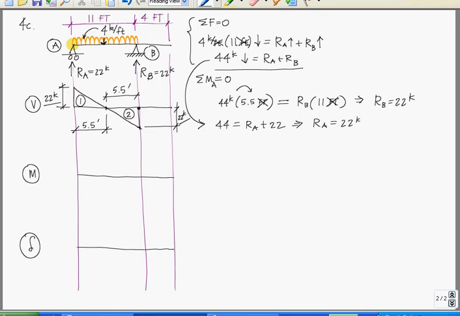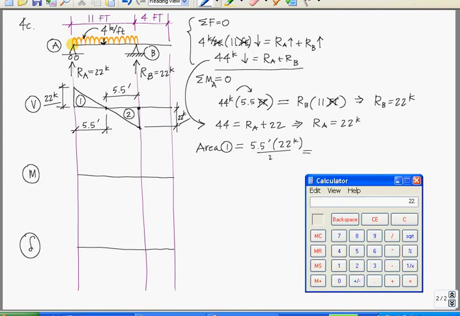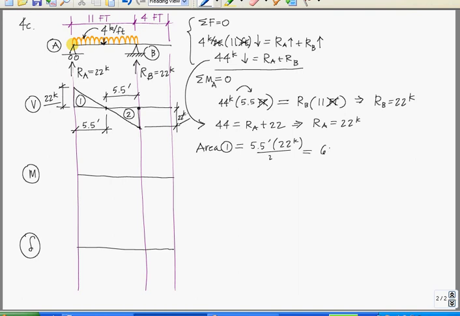So let's take the area of number 1. The formula for area of a triangle is base times height divided by 2. So we have a 5.5 foot base times a 22 kip height divided by 2. 5.5 times 22 divided by 2 equals 60.5, and look at the units, kip feet.